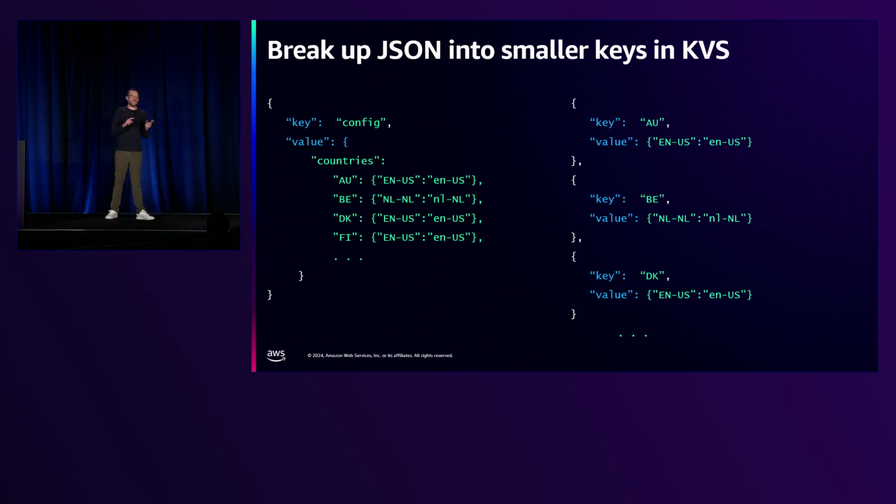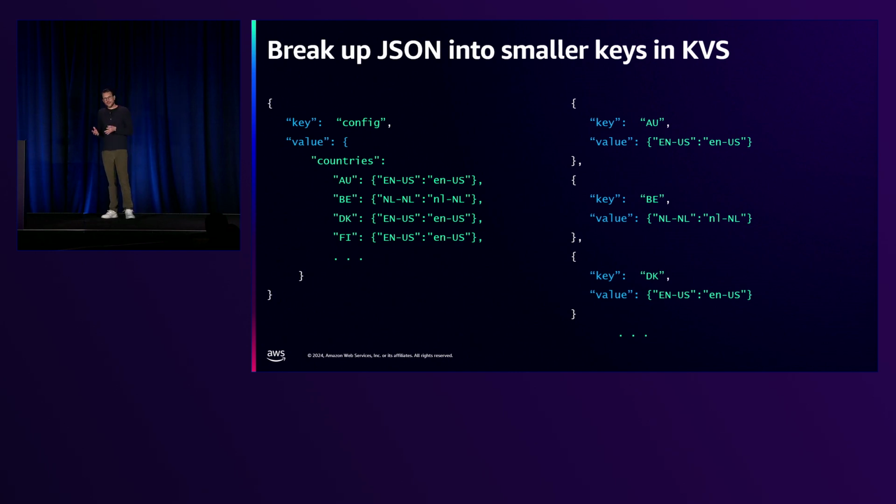This one's important. If you're using key value store, one of the things I see a lot of people doing is cramming a bunch of stuff into a single key value pair and just doing a single read inside the function, bringing that data in, and then they have to write a bunch of JSON parsing logic to get the data they want out of that big blob of config that they stuffed in there.